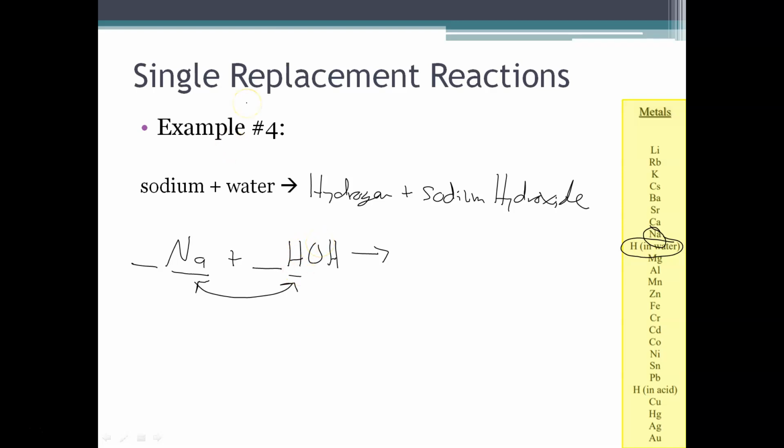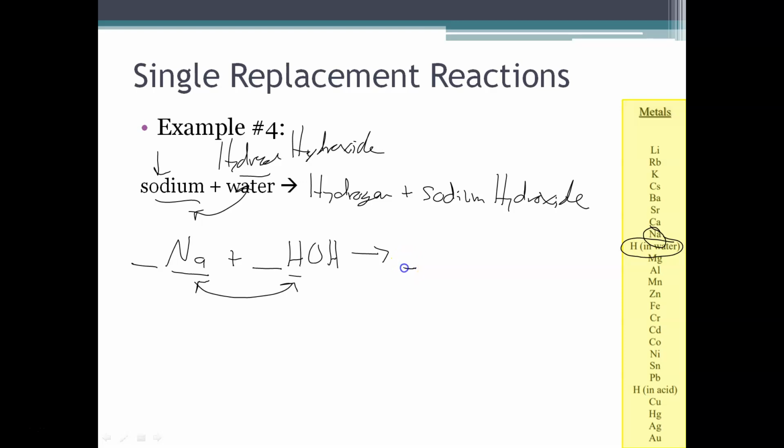Then you could easily see what's going to switch. Sodium and hydrogen switch. You're left with hydrogen by itself coming over here where sodium was, and then sodium coming over here where the hydrogen in water was to make sodium hydroxide.